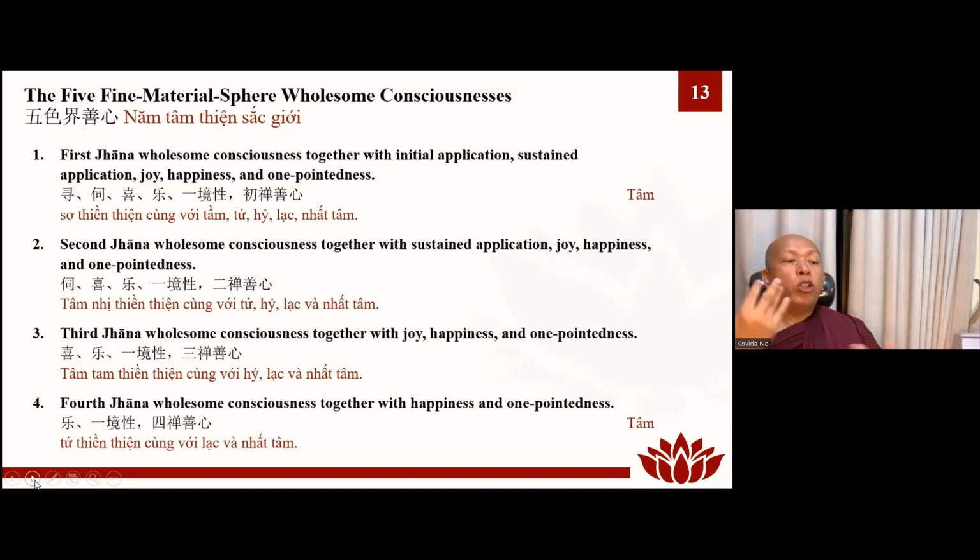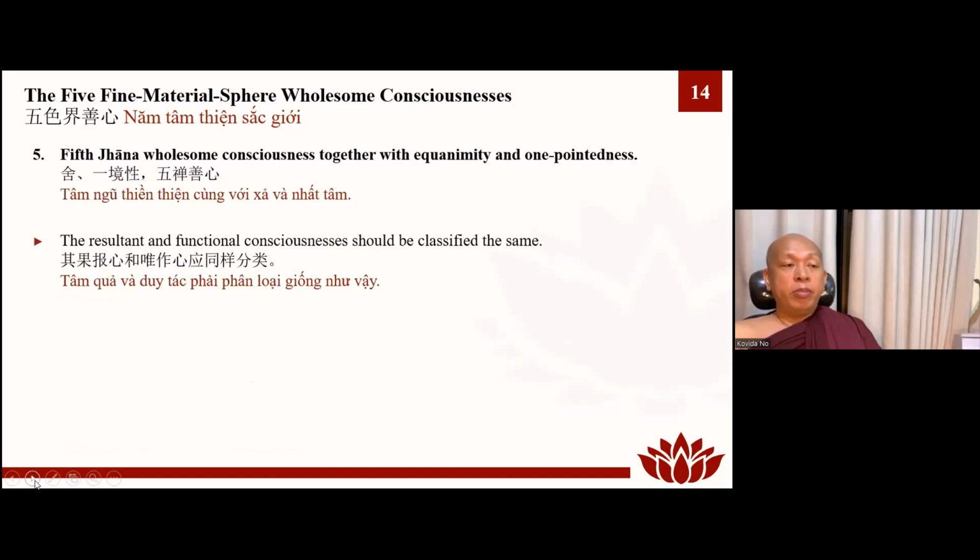Now the 4th jhana, wholesome consciousness together with happiness and one-pointedness. Then the 5th jhana, wholesome consciousness together with equanimity and one-pointedness. So these are called the 5 jhanas, wholesome consciousness.